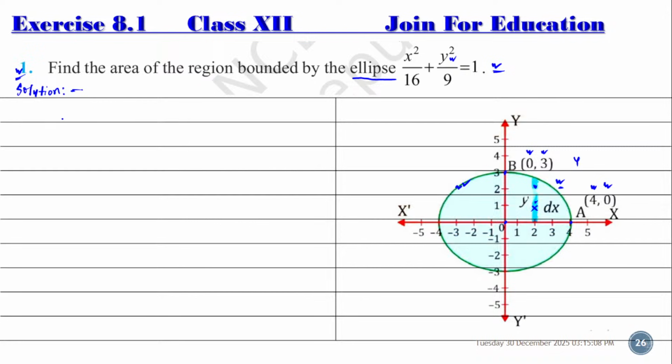We write down here x square by 16 plus y square by 9 equal to 1. Therefore y equal to 3 by 4, we directly write down here 3 by 4, and here will be root of 16 minus x square.